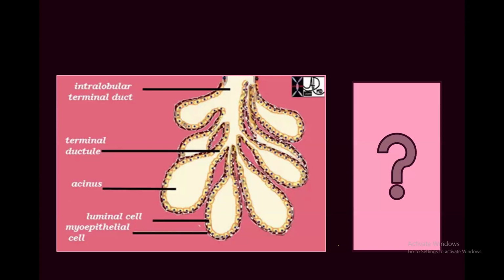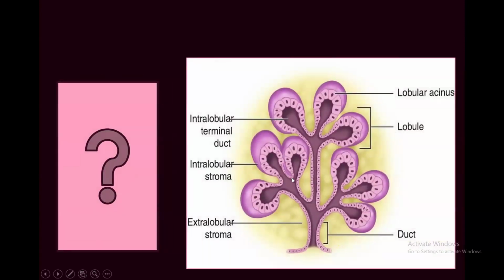There is one part missing. So this is a lobule, just a lobule: intralobular terminal duct, ductules and acini. While this lobule with the extralobular terminal duct together forms a terminal duct lobular unit.